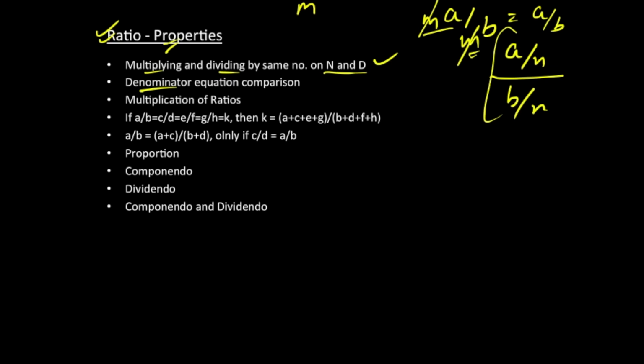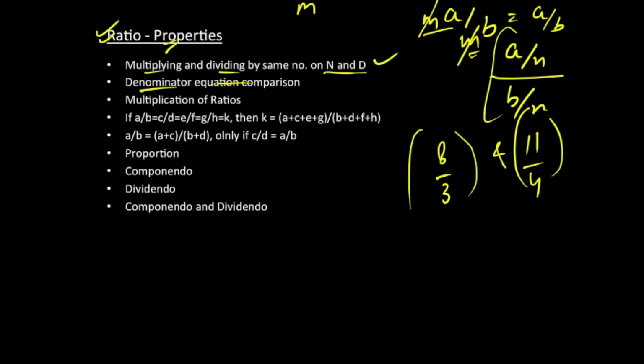Okay, the second one is common denominator comparison. So in this, we would be given two separate ratios, let's say 8 upon 3 and 11 upon 4. We would be asked to compare these two ratios, that which one is bigger. So in order to compare them we need a common denominator.